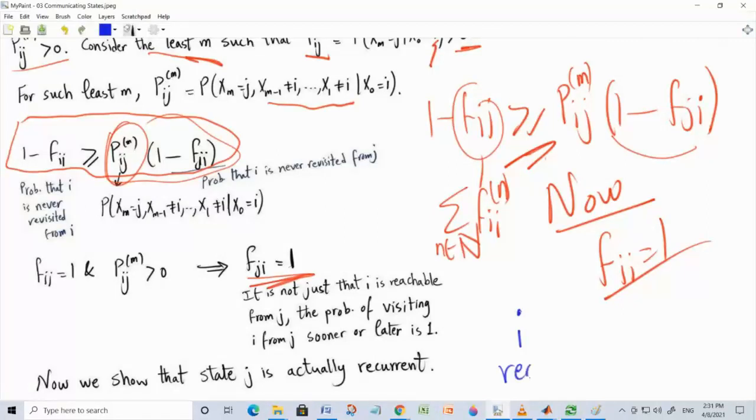If I is recurrent and J is accessible from I, which means there exists some time instant such that I can make a transition to J in that time instant with a probability that is strictly positive, not necessarily equal to 1.